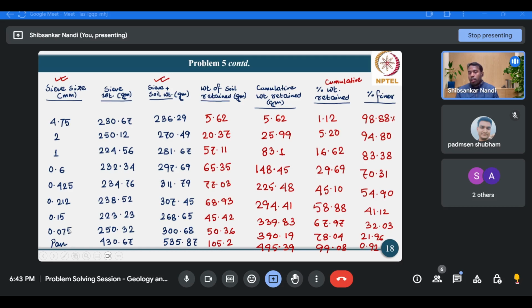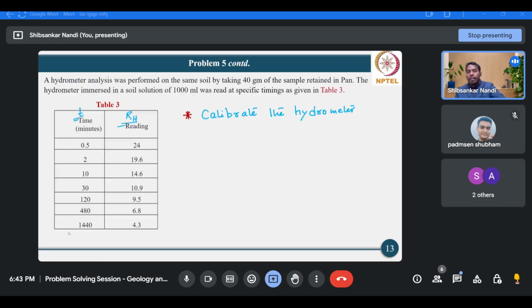Now what about the remaining part, the finer fraction, which is basically finer than 0.075 mm? For that, hydrometer analysis is additionally performed on the same soil, by taking 40 gram of sample retained in pan.